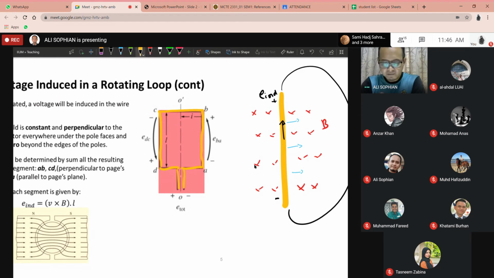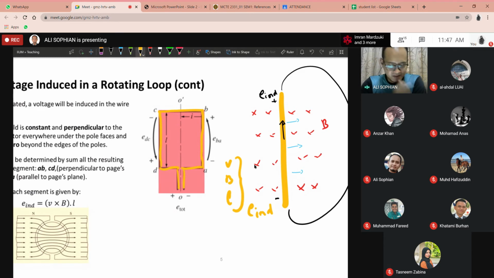So there will be V, which is velocity, and then you've got B, the magnetic flux density, and L, the length of each segment. Now, depending on whether they have an appropriate angle or not, you will get the induced voltage if the angle is correct.